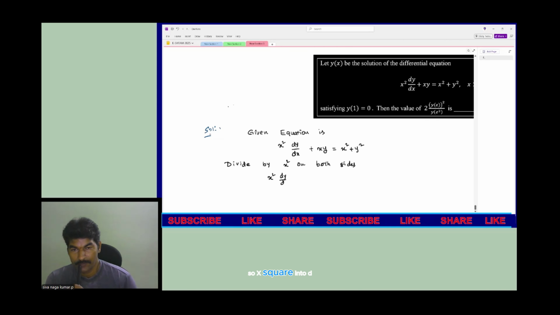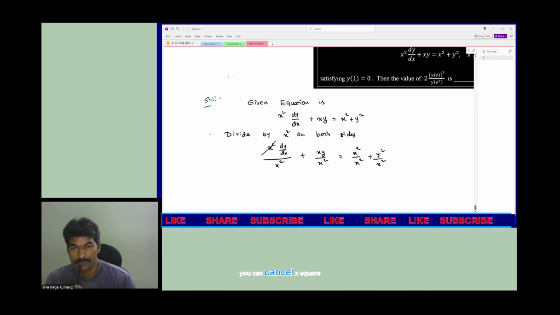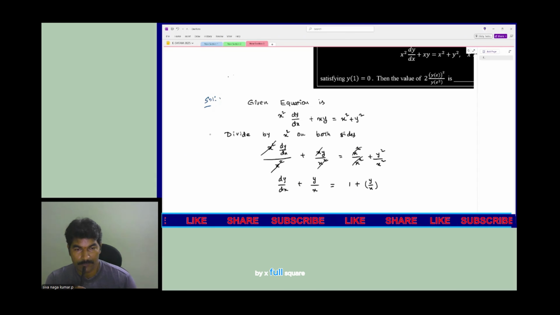So x square into dy by dx by x square plus xy by x square equal to x square plus y square by x square. You can cancel x square together. So what is left after cancellation is dy by dx, then x square got cancelled, y by x left, and here x square cancels one time, and you can write y by x whole square.